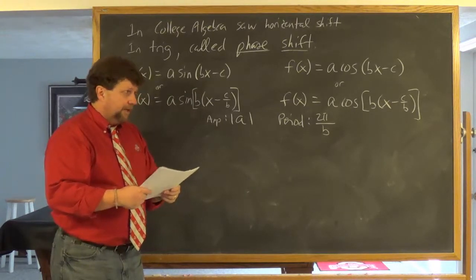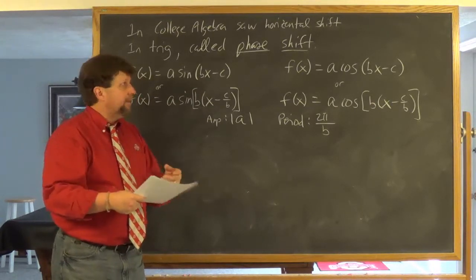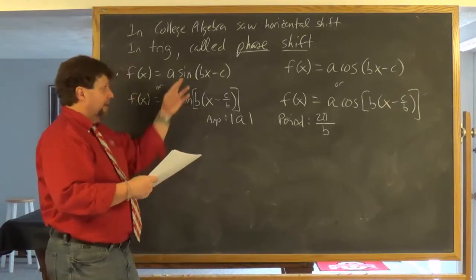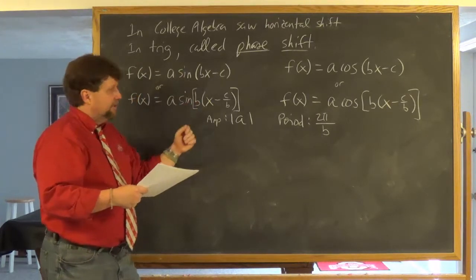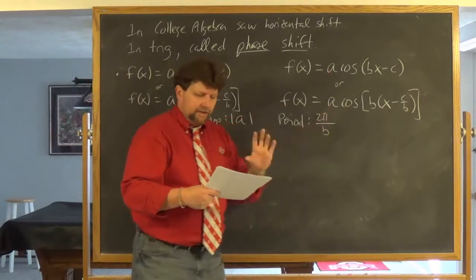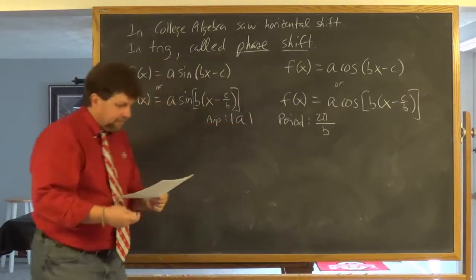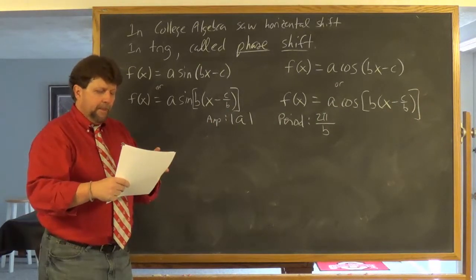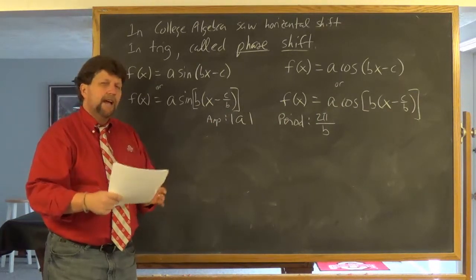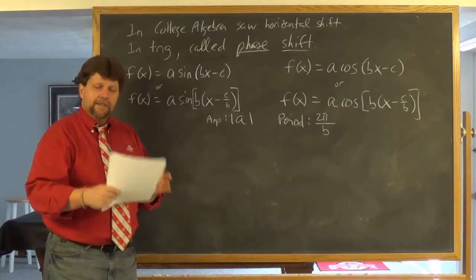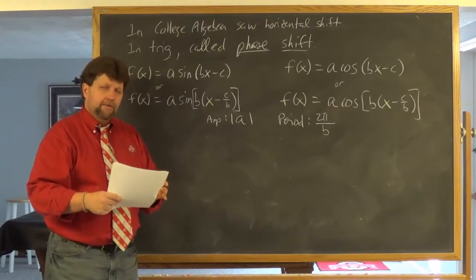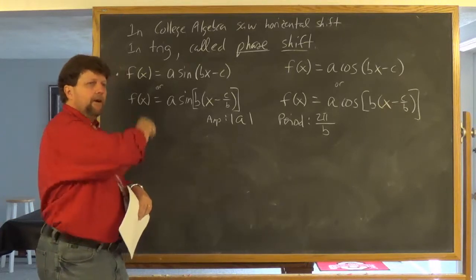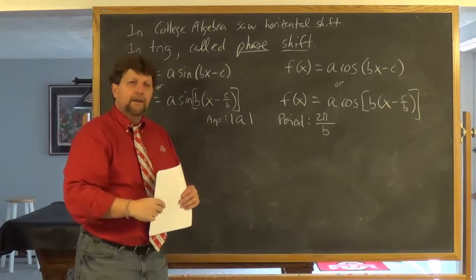So let's try to discover a little bit about where this phase shift comes from. It doesn't matter which of these equations, it doesn't matter what the form is. We know one complete cycle on the basic graph of sine and the basic graph of cosine takes place from 0 to 2 pi.